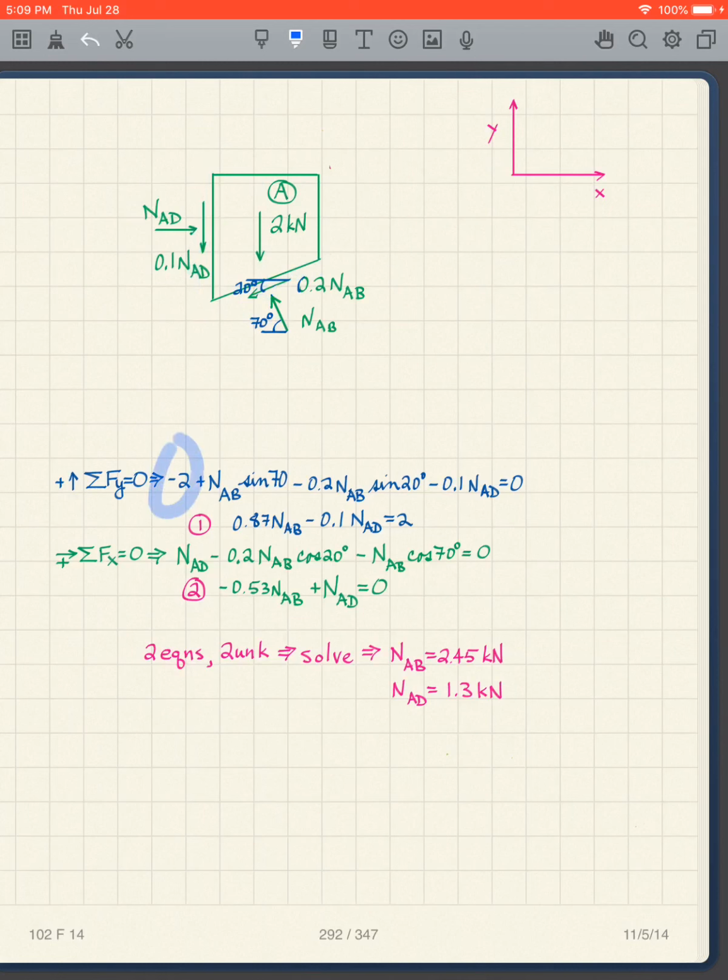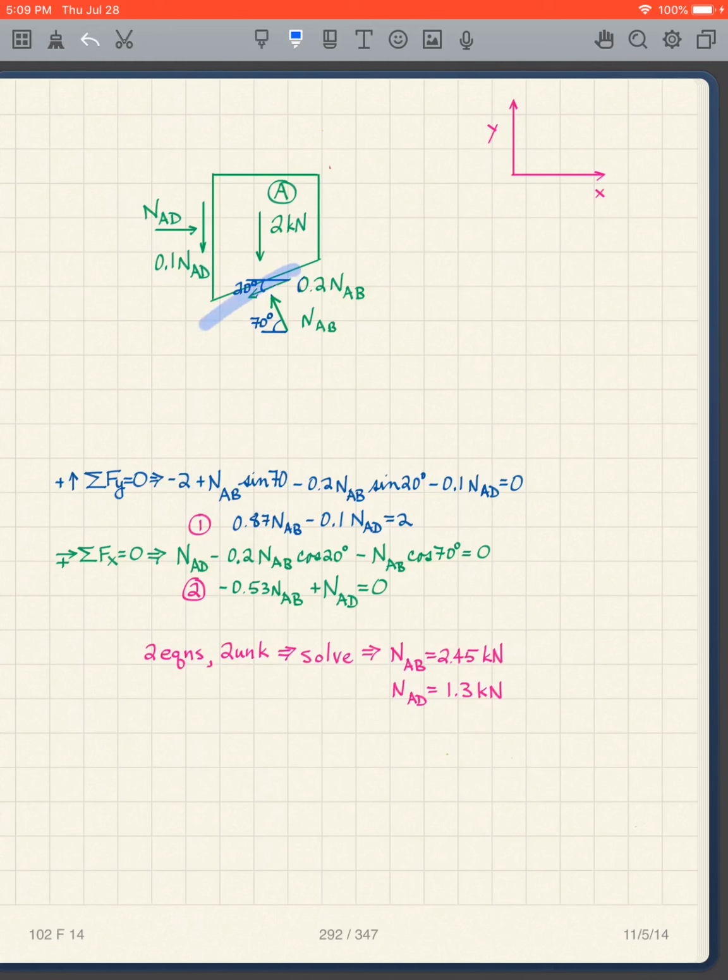So I've got the NAD, and then I've got my angles with respect to the x-axis, so that makes my life really easy here. So this is upward to the left, so it's going to be positive sine 70.